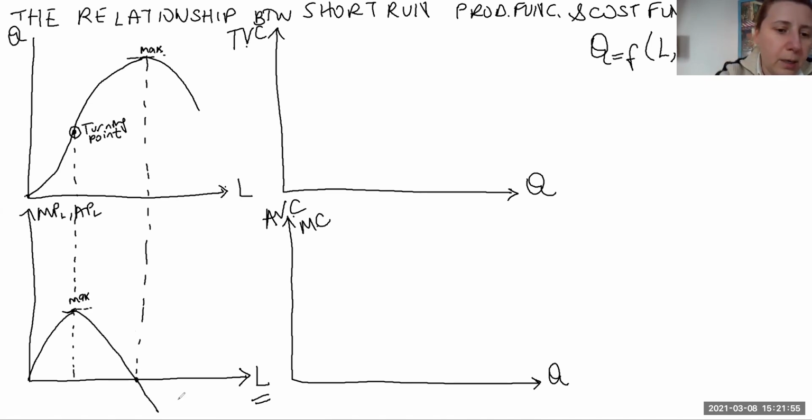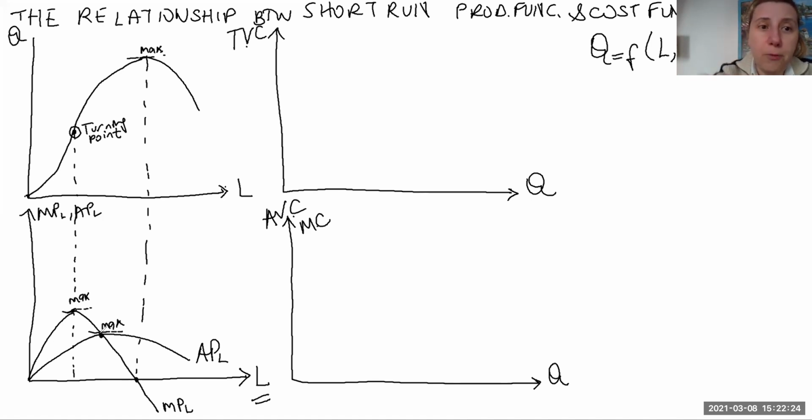This was the marginal product of labor. And we also have the average product of labor. It's just like that, average product of labor. And this was the maximum point of the average product of labor. It is just equal to marginal product of labor at its maximum point.